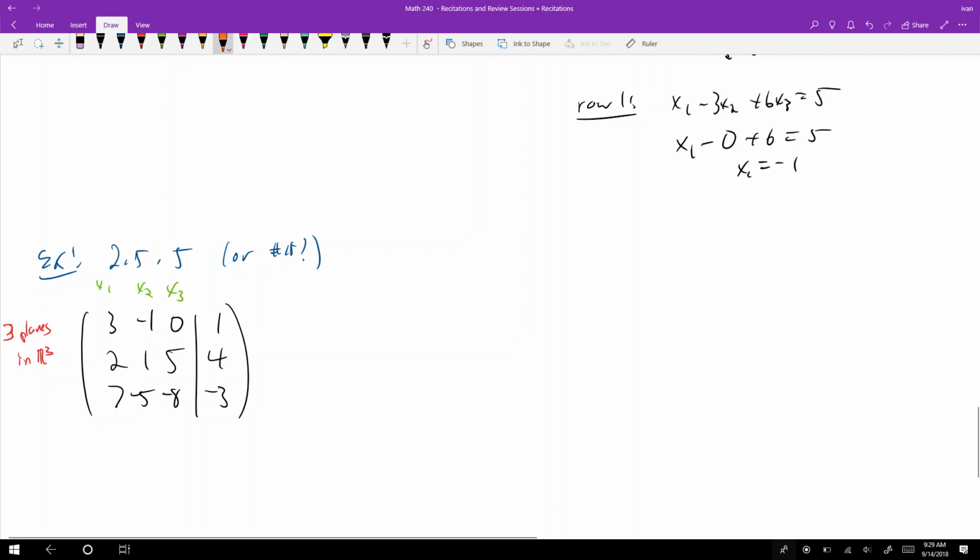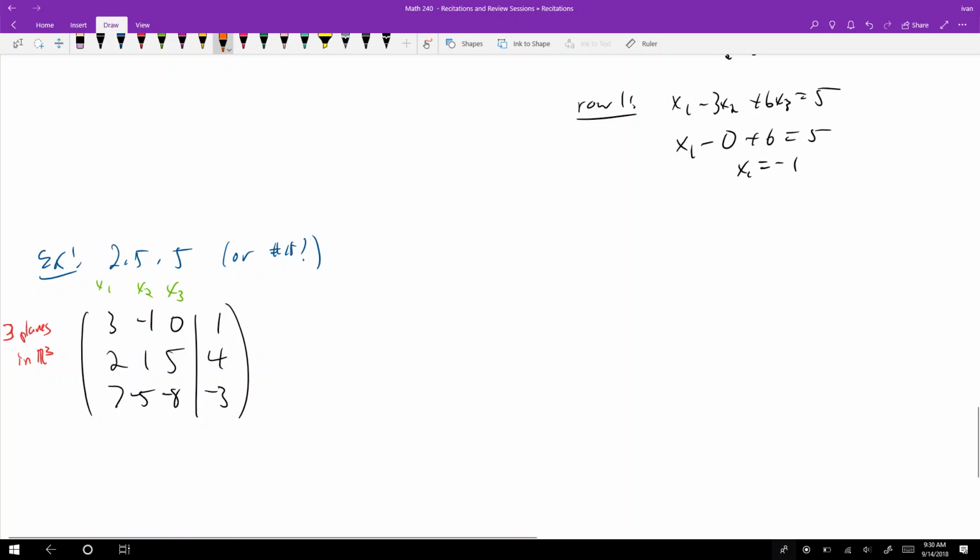How do we know we have 3 planes? Does that correspond to number of rows or number of columns? So I heard both. What do my columns represent? The variables, right? I've written them up there, x1, x2, x3. So the columns represent my variables, and each row represents a plane, okay?